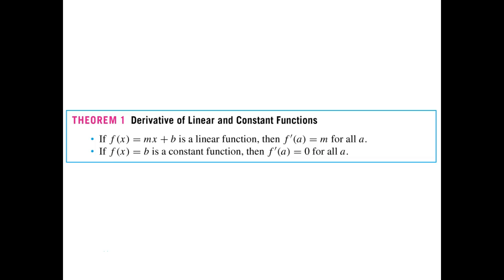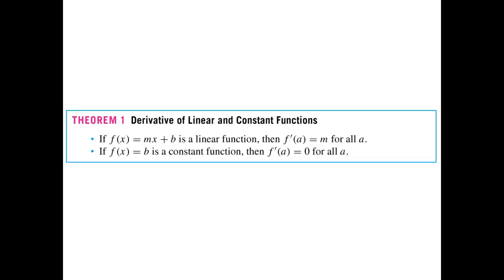Now, what if f of x was a constant function? f of x equals b. What would be its derivative? Why? Because f prime of this function is f prime of a, and what's the slope of a constant function? 0.